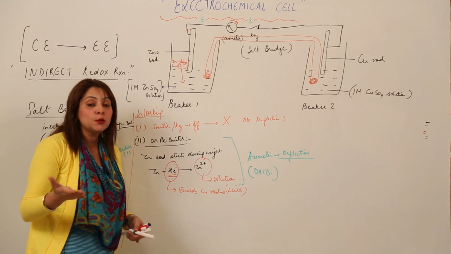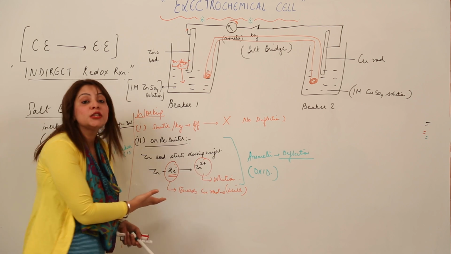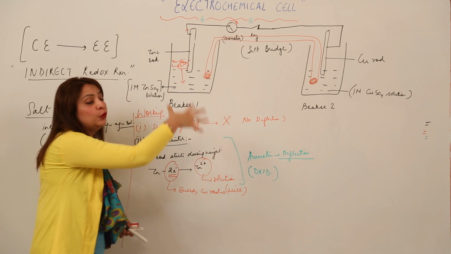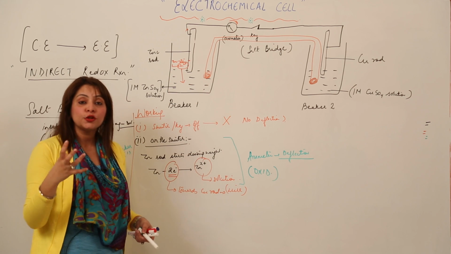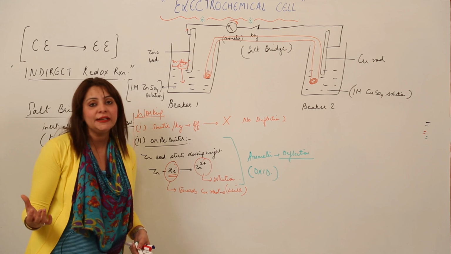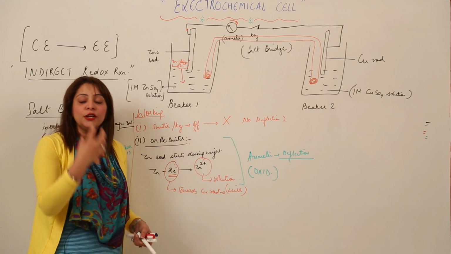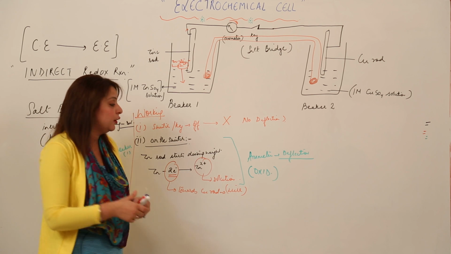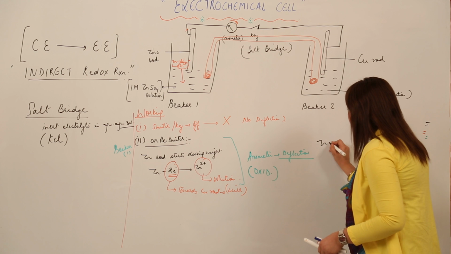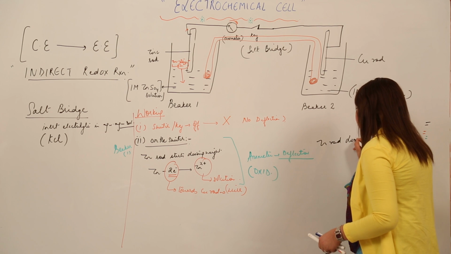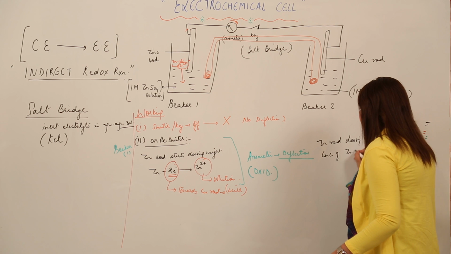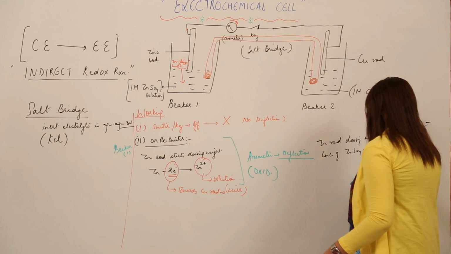Now the question is, what is the fate of these zinc ions and these 2 electrons? These zinc ions will move into the solution, because the solution contains ZnSO4, that means Zn2+ and sulfate ions. So the zinc rod is losing weight, but the concentration of the ZnSO4 solution is increasing.